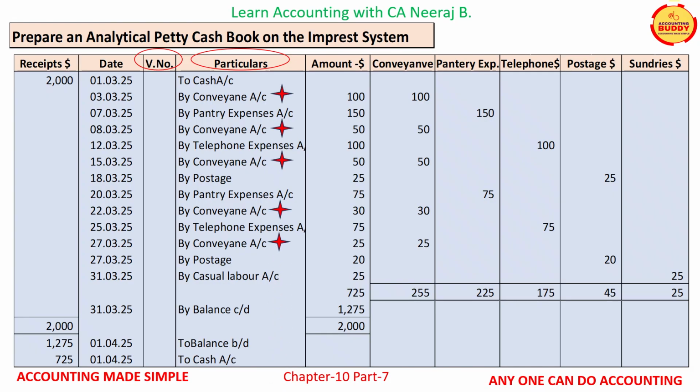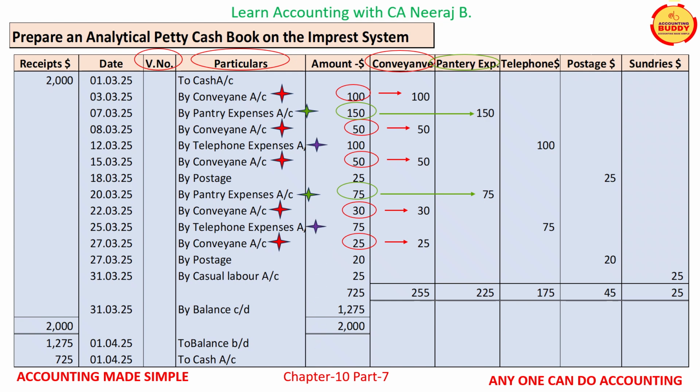The amount of conveyance paid will be recorded first in the amount column and again under the column created for conveyance expenses. Every conveyance transaction will be recorded on the date in which the cash is actually paid. Similarly, pantry expenses paid out of petty cash will first be recorded in the amount column and again under the column created for pantry expenses.